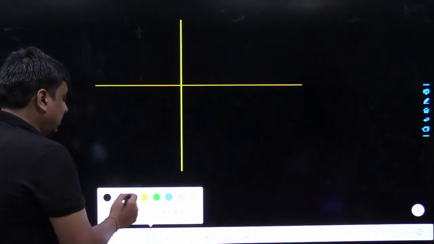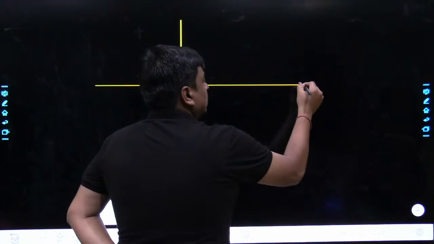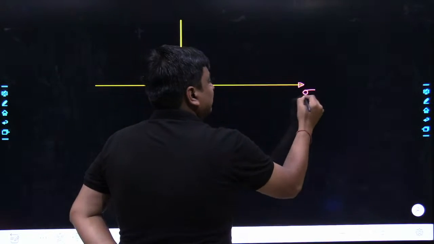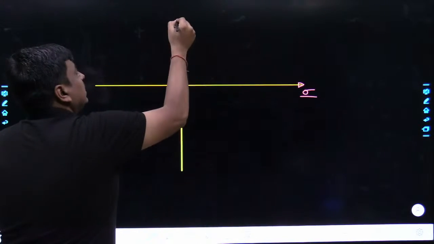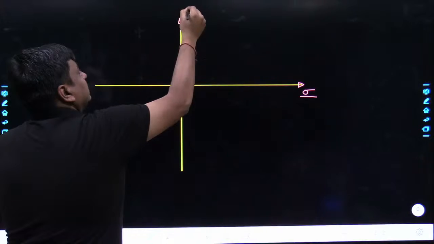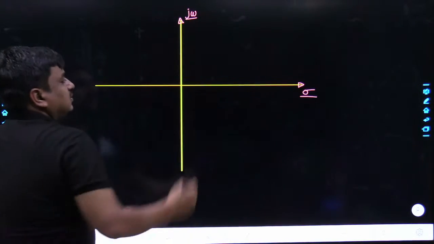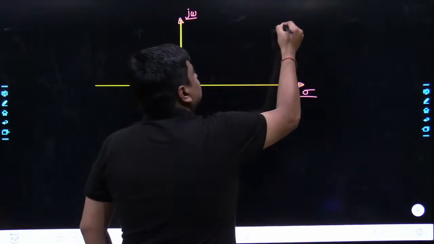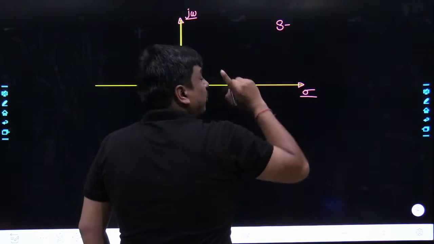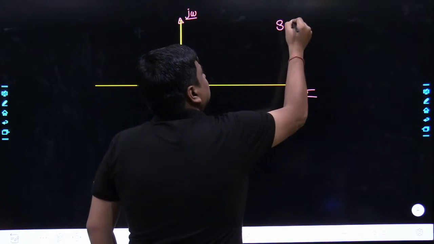And this plane is nothing but the s-plane. So the real axis of the s-plane is the sigma axis, and similarly the imaginary axis of the s-plane is the j omega axis. And the plane on which the location of the second order poles is to be represented is nothing but the s-plane.